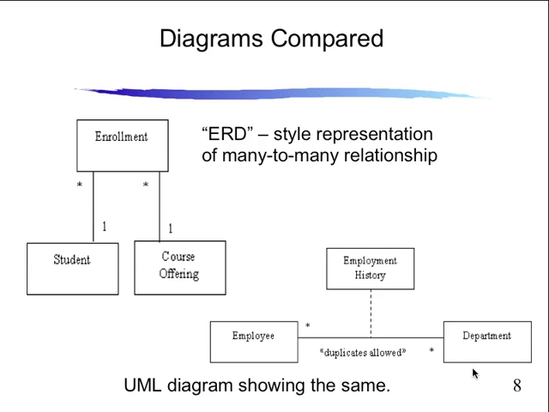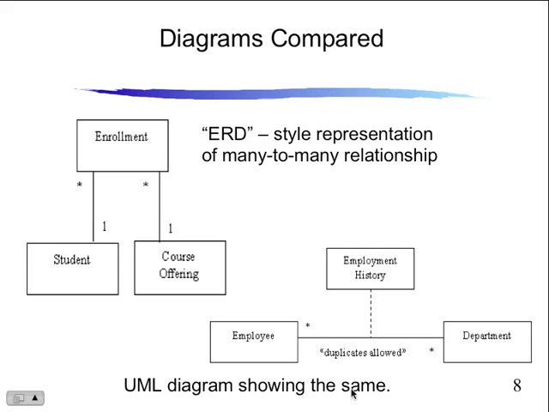And on the academic transcript or the enrollment, we have course offerings that are on that. So one course offering might be on many different enrollments. Many different students might have many different enrollments as a concept. This could be like enrollment documentation of some sort.